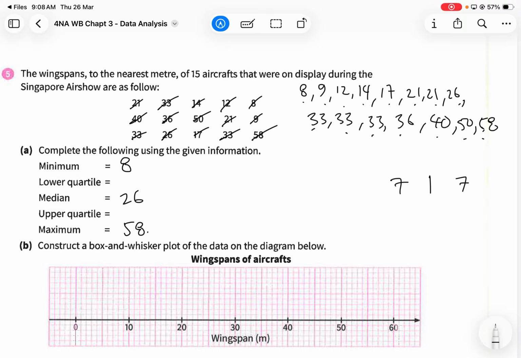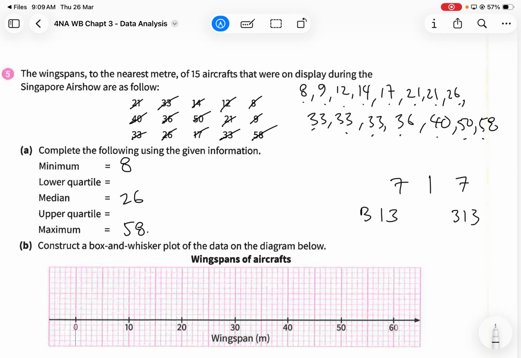Okay, then out of the 7, if I want the lower quartile, I will have 3, 3, and 1. Can see, right? 7 can be broken down into 3, 3, and 1. So there is a middle out of the lower half. The middle is the 4th data.